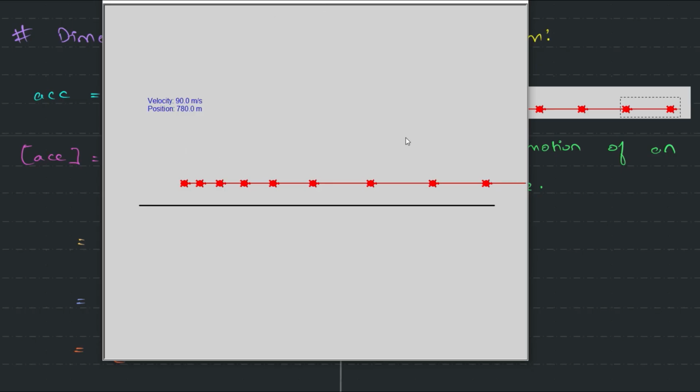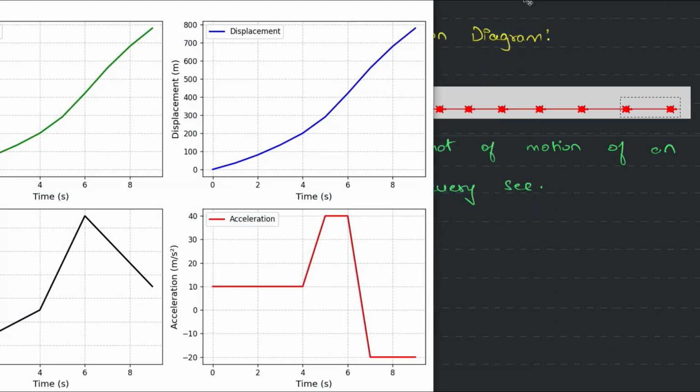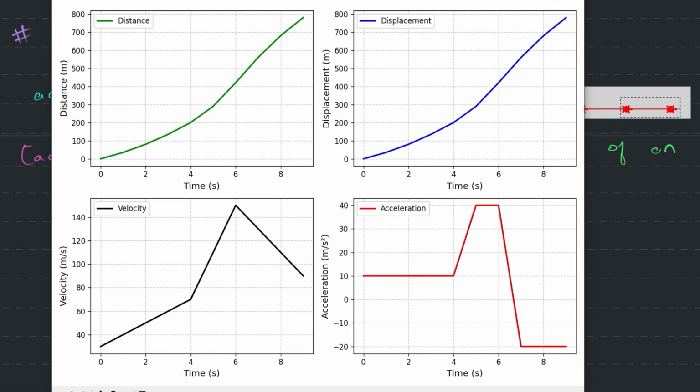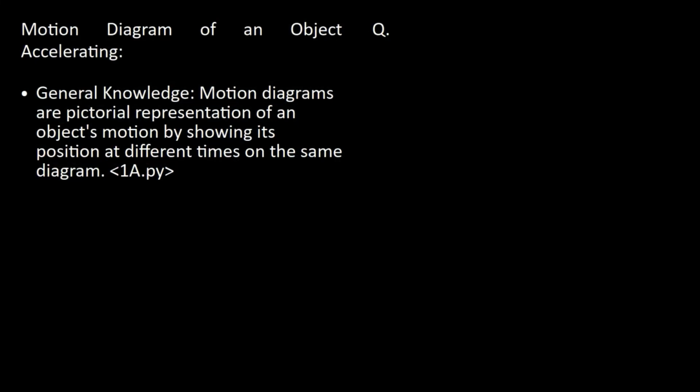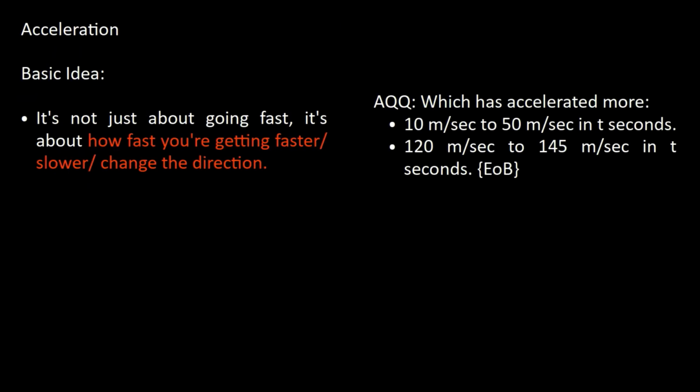Is there something wrong with the code? No. But why is it moving forward? Velocity is dropping apparently, but I couldn't notice that. As per this, it's supposed to be dropping. You are not able to see that, but yeah, it was happening. So that is your motion diagram that we can use in different scenarios to understand quite a few things.